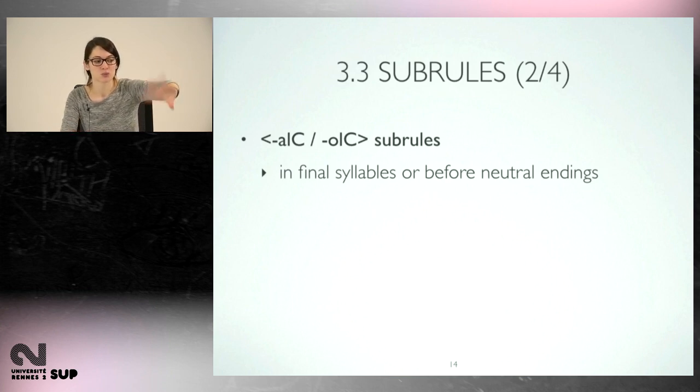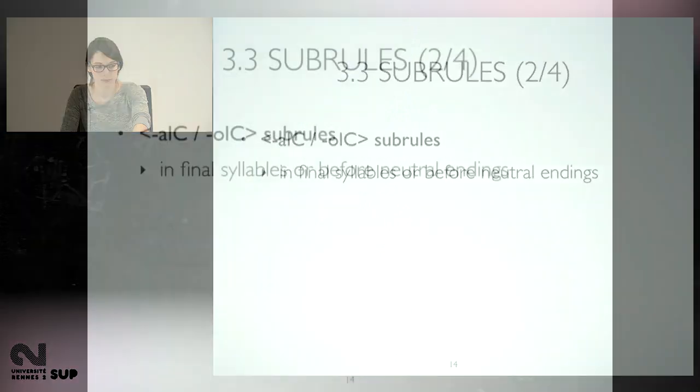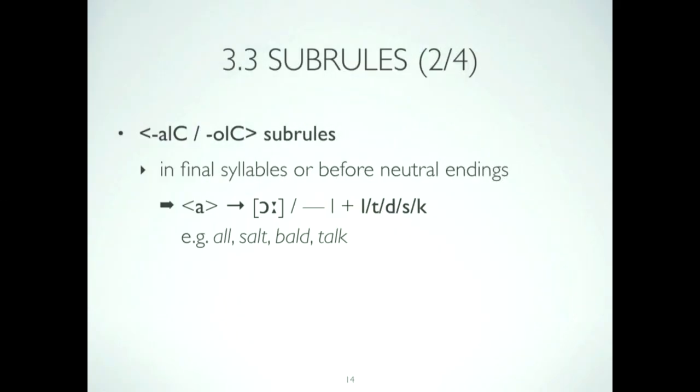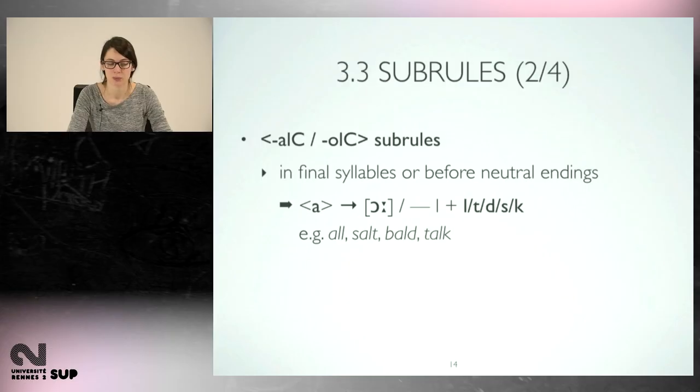This rule applies when you have the AL or OL plus consonant part in a final syllable or before a neutral ending. In this type of context, A is going to be pronounced as O when it's followed by L plus L, T, D, S, or K. And that's why words like all, salt, bold, and talk are pronounced as they are.